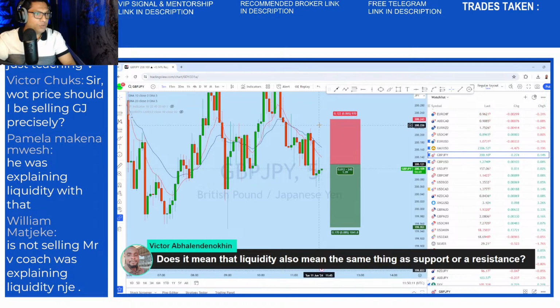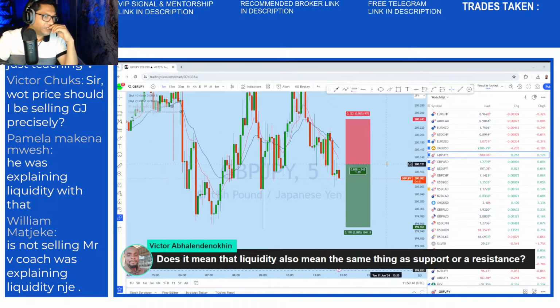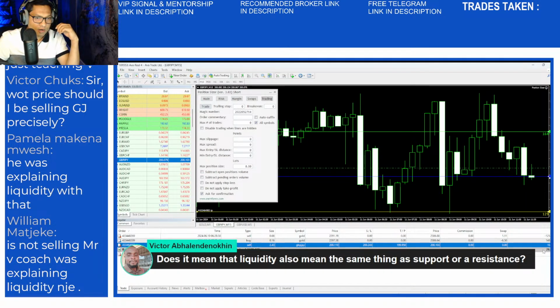It might push up to grab more liquidity, but expecting it to drop down in that direction. So GBP JPY, I'm short on GJ. We are running a bit of profit here.